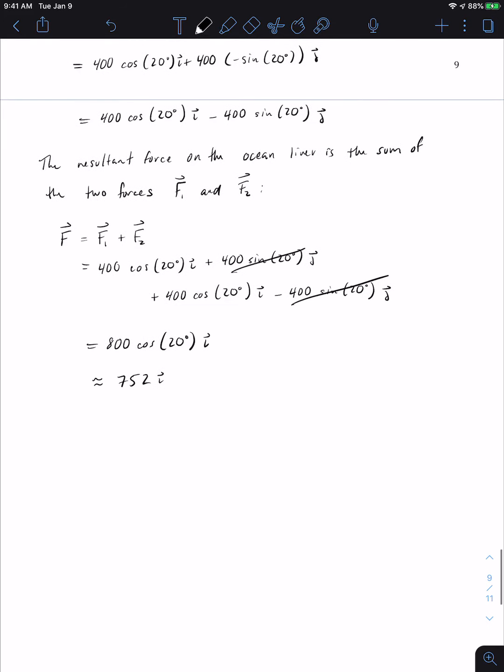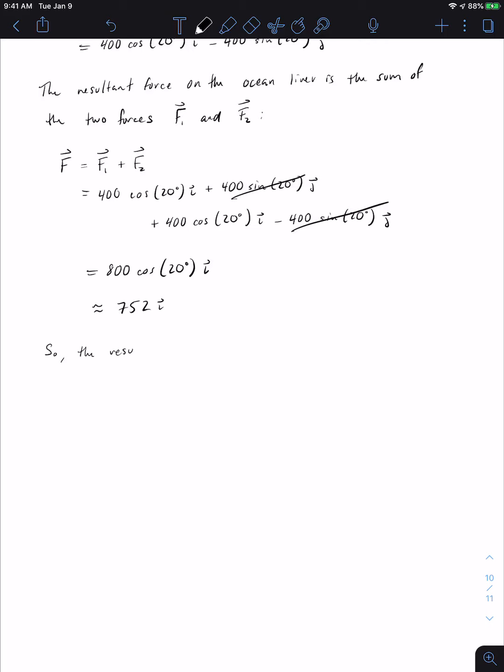So what does that mean in the context of this problem? Well, remember, i is in this direction.